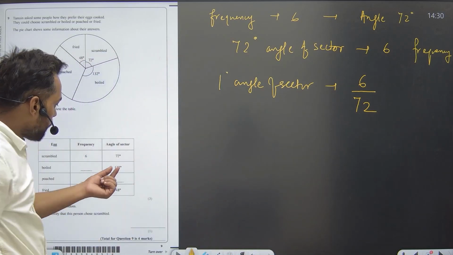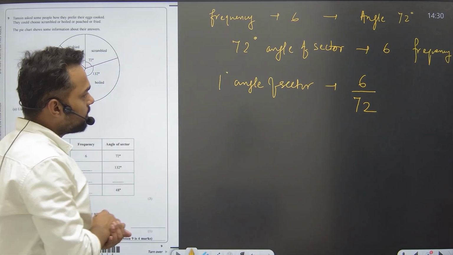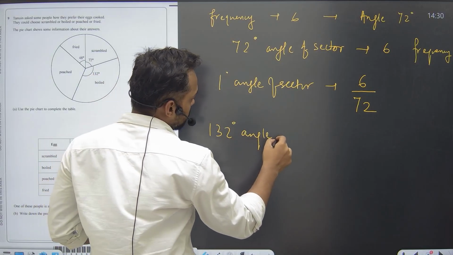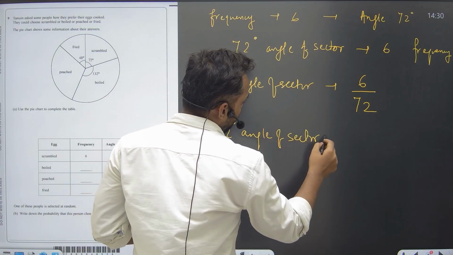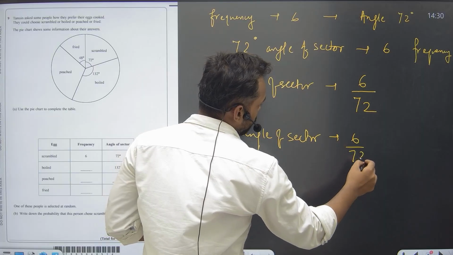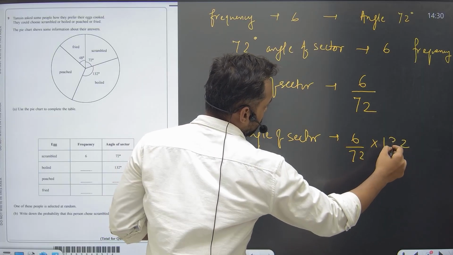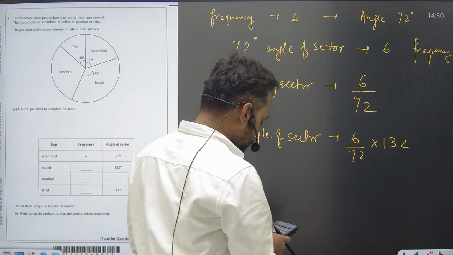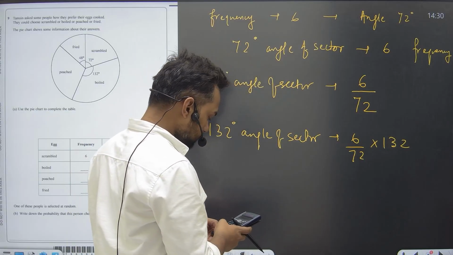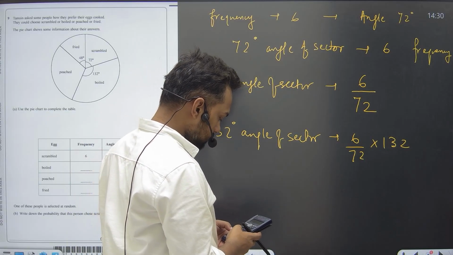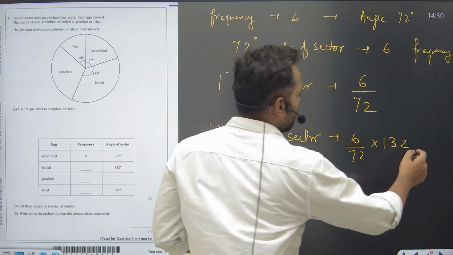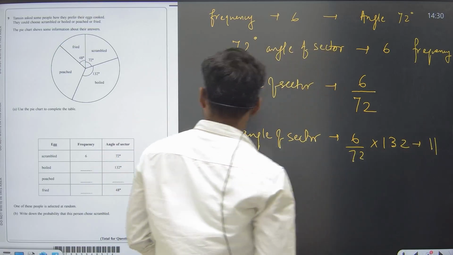Now for a 132 degree angle of a sector, how much will we get? 6 by 72 cross 132. So we are getting 11.